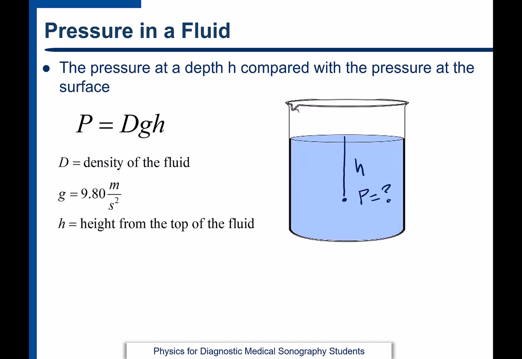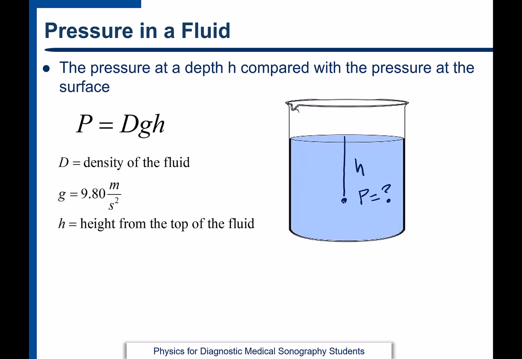You'll notice that I tell you here that it's the pressure compared with the pressure at the surface. We'll come back to that idea in a minute. But in other words, the pressure down here at some height h relative to the pressure at the surface is just given by that formula.